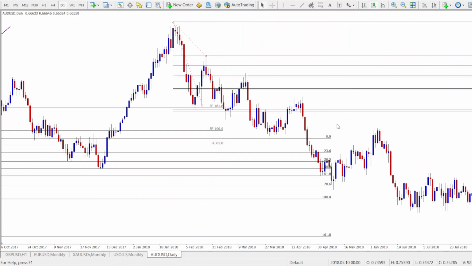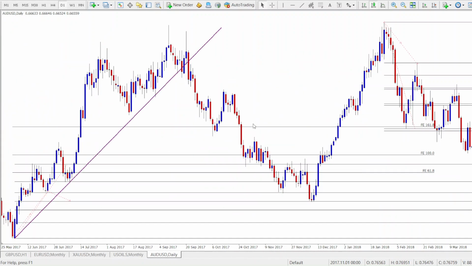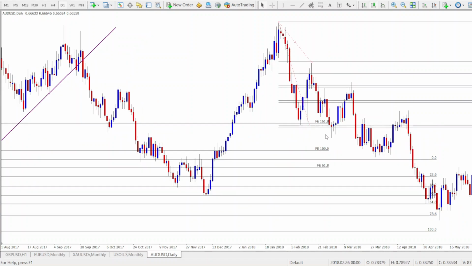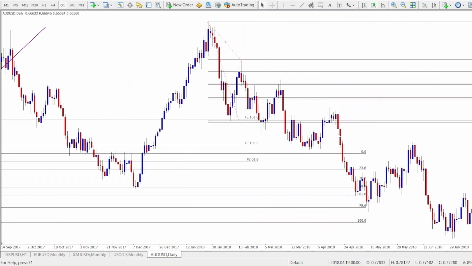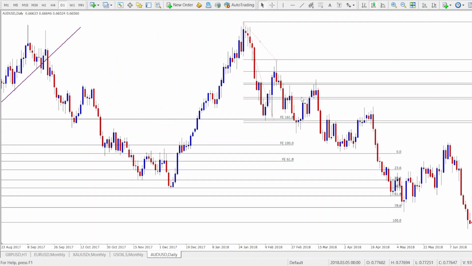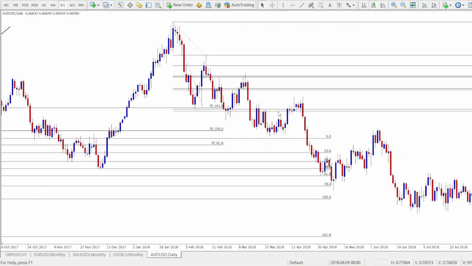And then in this case, we can see that right after the pullback, the price came all the way to the 161.8%.